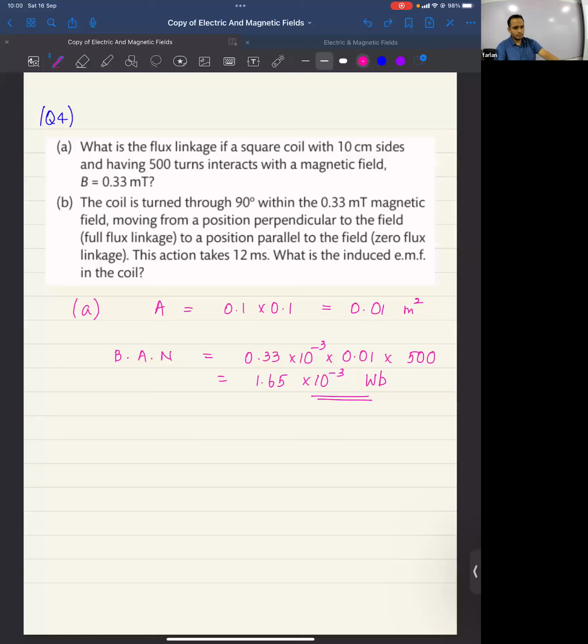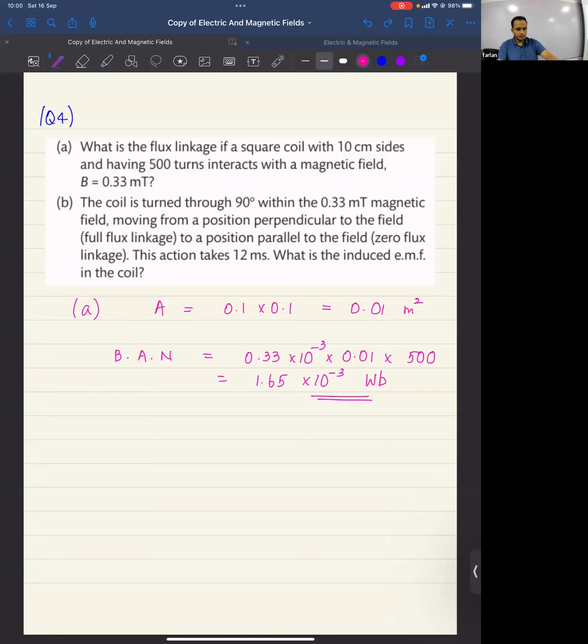So guys, the area will be, it's a square, no? The area of the coil will be 10 centimeters into 10 centimeters, which in meters is 0.1 meters into 0.1 meters. So the area of the coil is 0.01 square meters. Agree? Then magnetic flux will be B into A, and magnetic flux linkage will be B into A into the number of turns, correct?